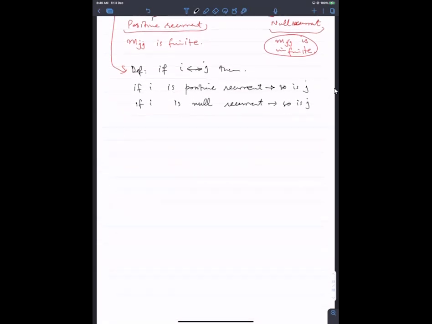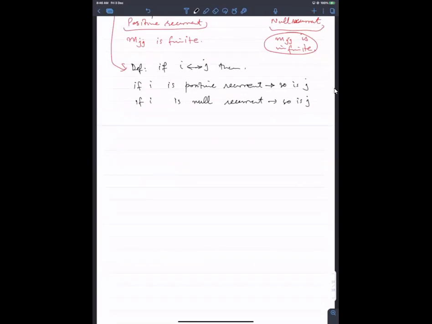So now I'm going to talk about what we call ergodic DTMC. Ergodic DTMC क्या चीज है? Ergodic DTMC कोई नई चीज नहीं है. Ergodic DTMC is the one which is aperiodic, which is irreducible, and also positive recurrent.